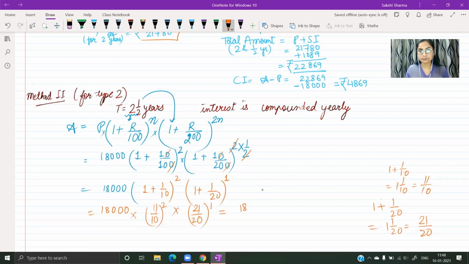Solve your answer, and see if you get the same amount as the previous question. Sorry, the other method, the first method. Sorry, this was a 2 here.